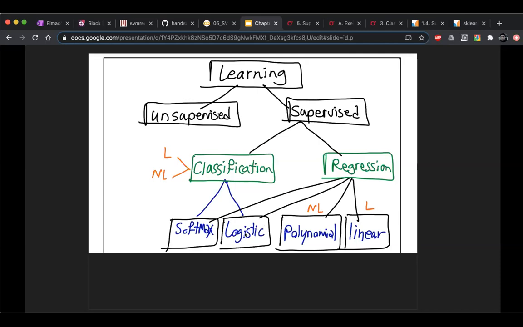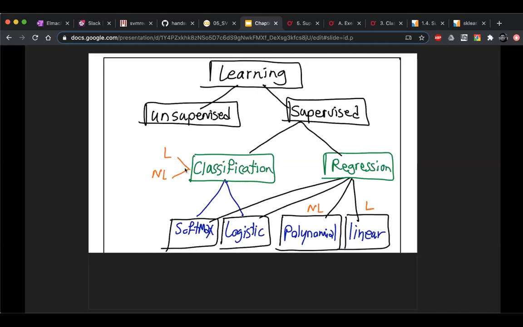Logistic regression was between two classes, and softmax when we had multiple classes. As in regression, we have linear and nonlinear problems. The same thing for classification: we have linear and nonlinear problems.